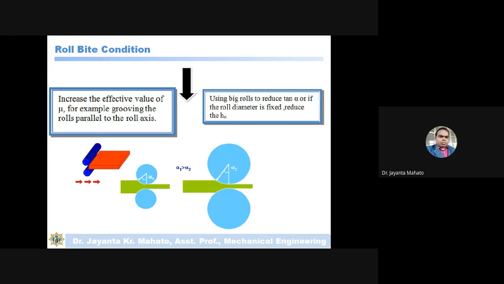So think in two situations. The coefficient of friction, mu, can be increased effectively by grooving of the rolls parallel to the roll axis. This is the roller.